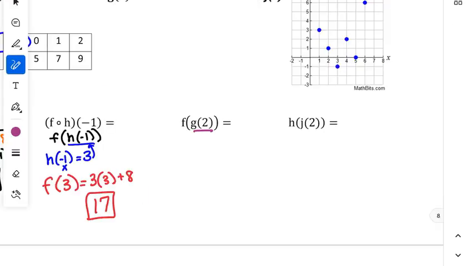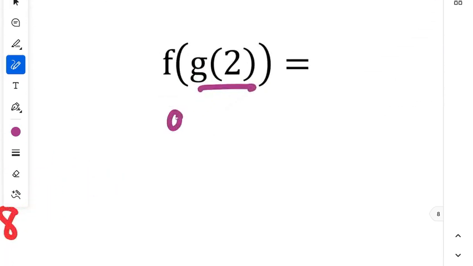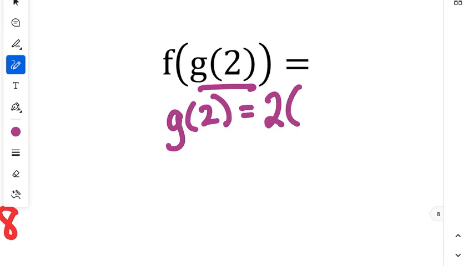All right, so let's see how you did on these 2 problems. So you always do the inside of the parentheses first. So we got to do g of 2. So the g function is 2x minus 12. So we are going to find g of 2 by doing 2x, well, x is 2, minus 12.